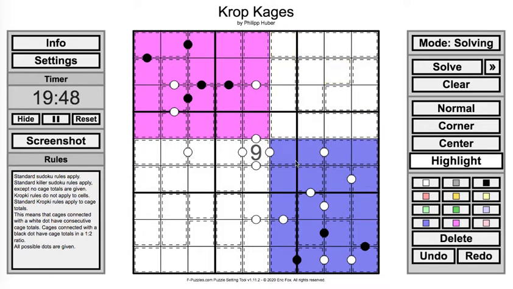But right here we have to use the relationship between these 2 strings of 4 cells, which I guess I'm gonna color a little bit different again. So let's make it light blue and light pink.